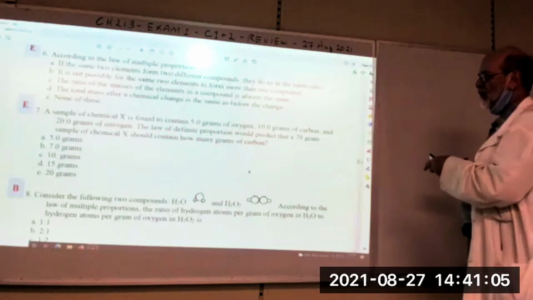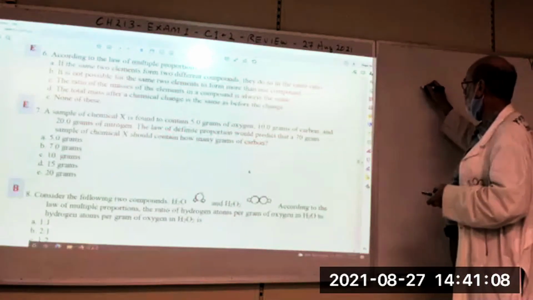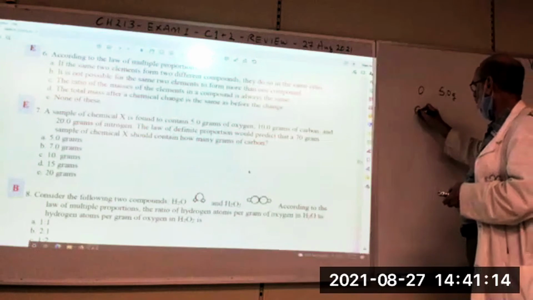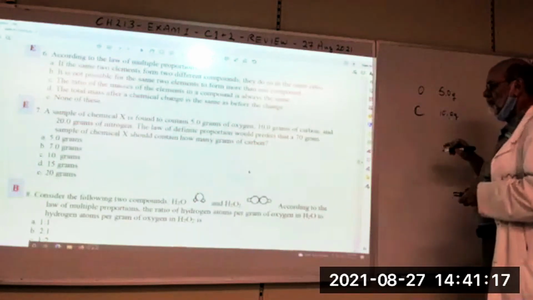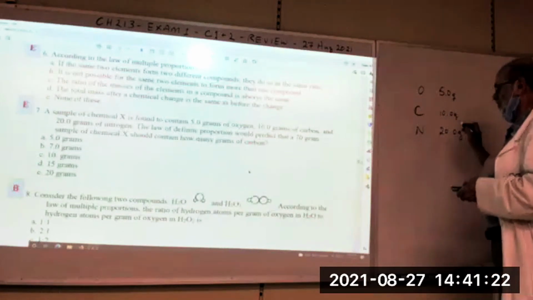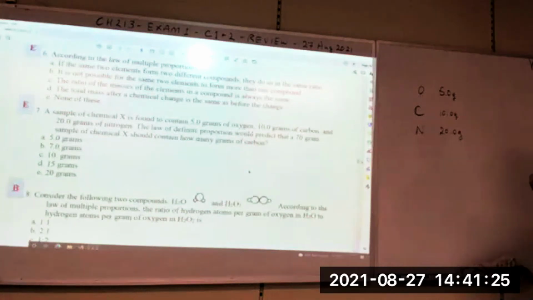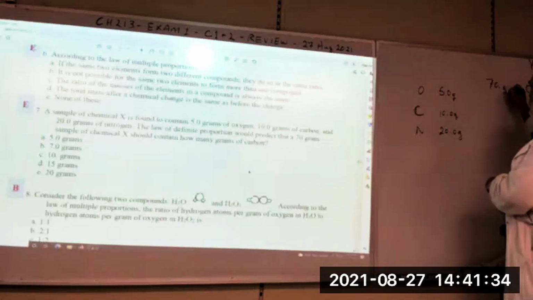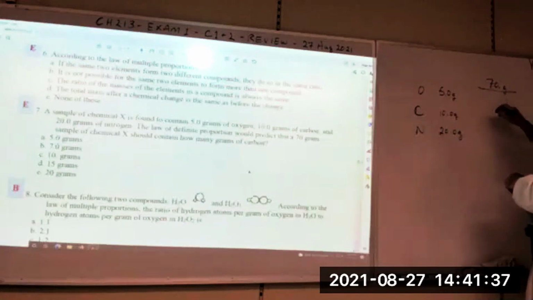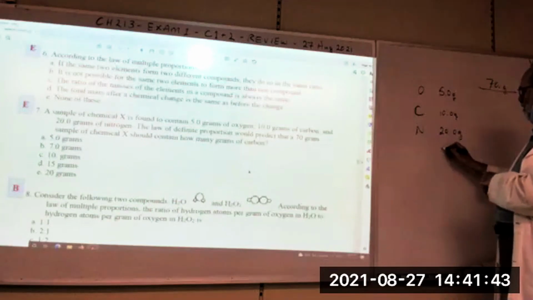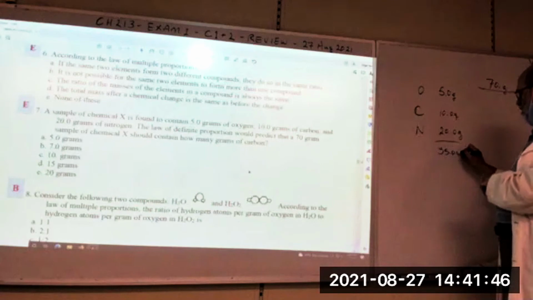If we know the sample of chemical X is found to have 5 grams of oxygen, 10 grams of carbon, and 20 grams of nitrogen, the law of definite proportions would predict that a 70-gram sample, so we got 70 grams over here of that whole compound. How many do you have here? 5, 15, 35? 35 grams total.